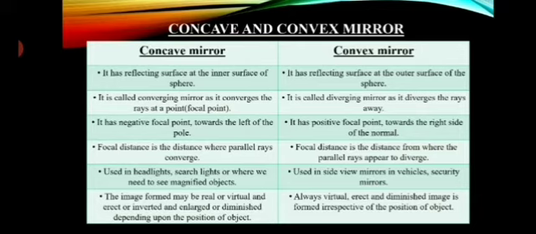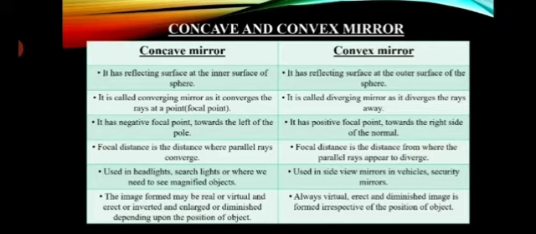Now the image may be erect or inverted. Erect is the same as you obtained in the reflection from a plane surface. As it is, the image is formed, whereas in some cases you obtain an inverted image. The image may be enlarged or diminished. The size of the image can be smaller than the actual object, or larger than the actual object.